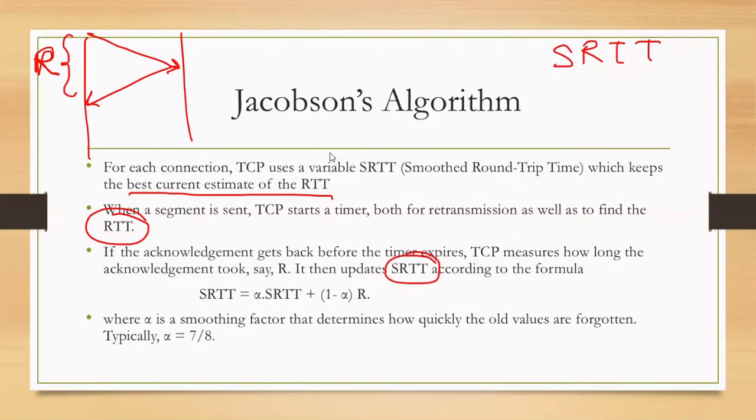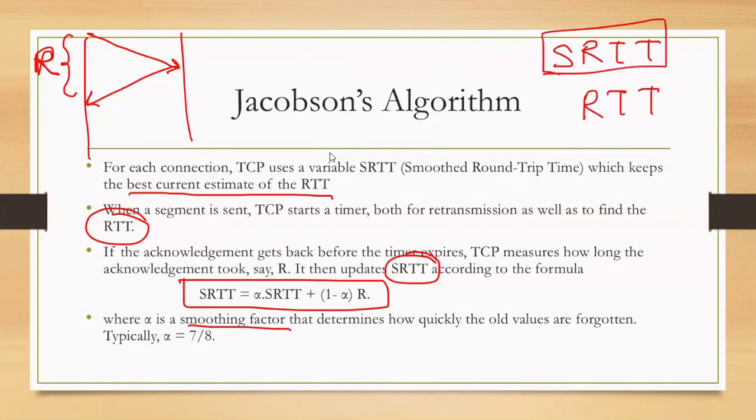So how will it update? Using this formula: SRTT = alpha × SRTT + (1 − alpha) × R. What is this alpha? This alpha is known as a smoothing factor. You notice the difference between RTT, round trip time, and SRTT, the smoothened RTT.